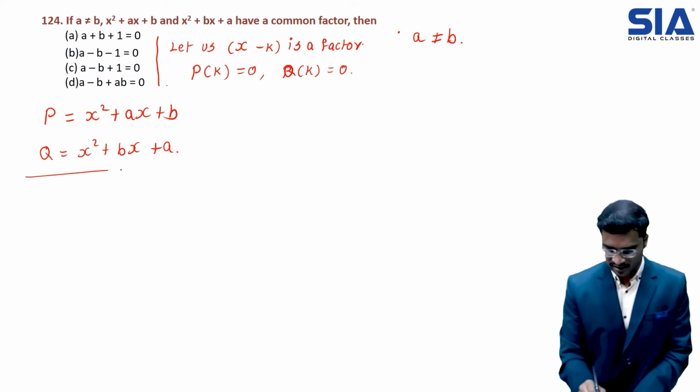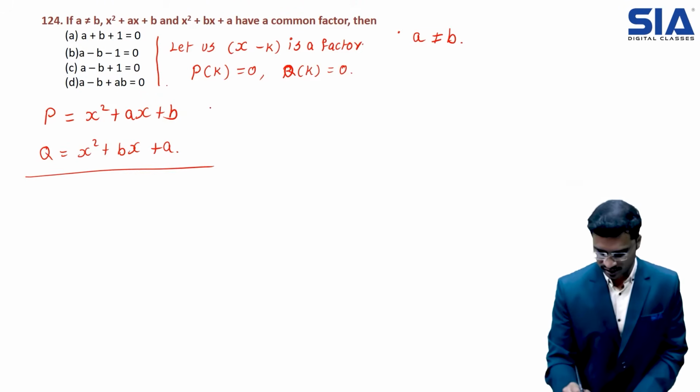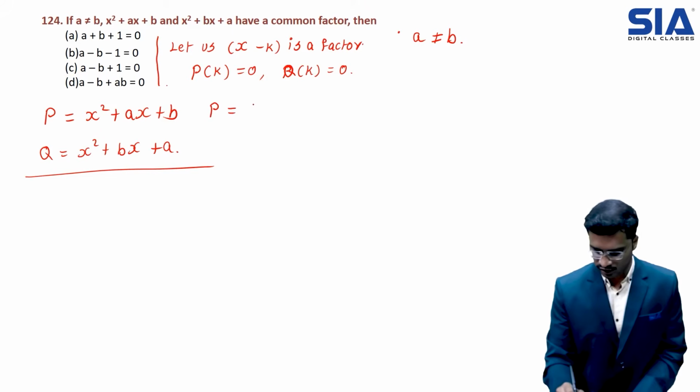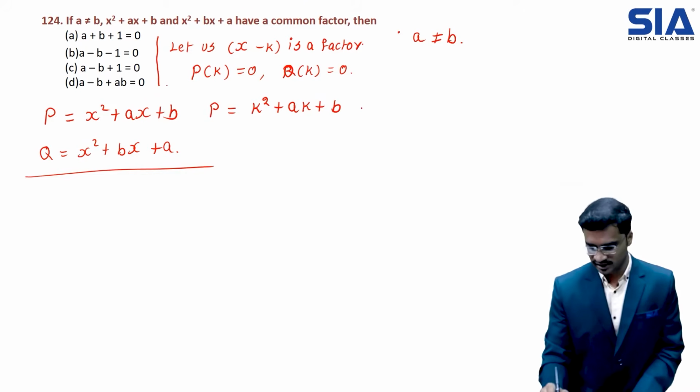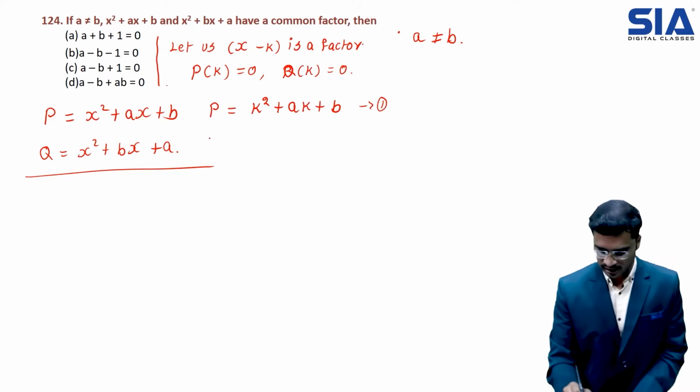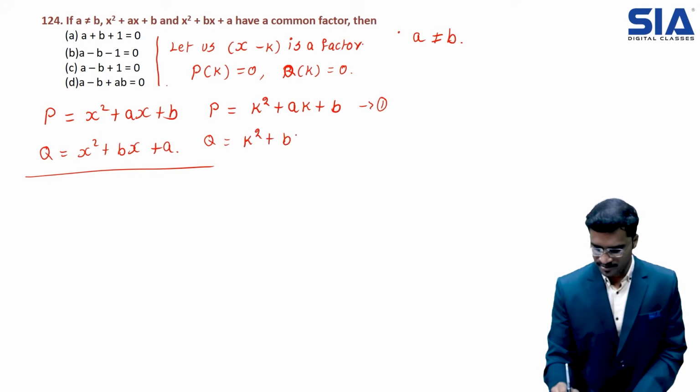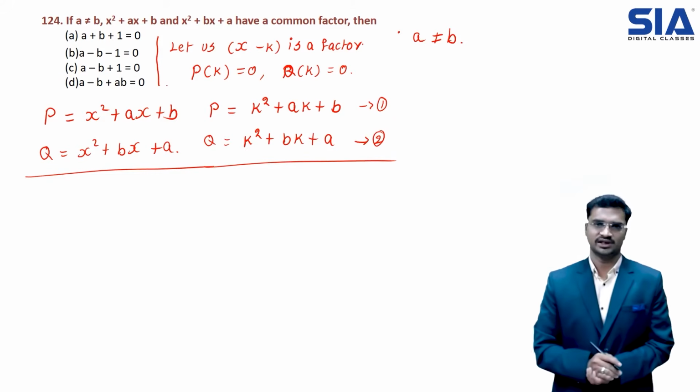Let us substitute k in these equations. Then p becomes k square plus ak plus b, which is the first equation, and q becomes k square plus bk plus a, which is the second equation.